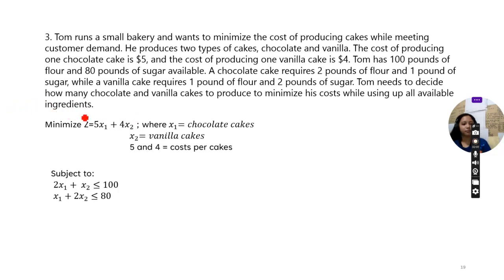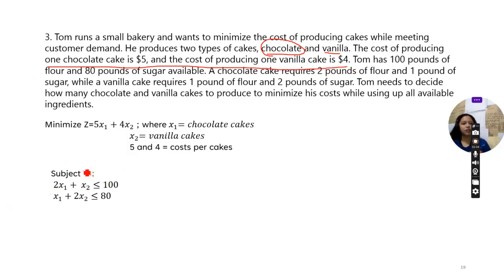So, to minimize this, let's get z is equal to 5x1 plus 4x2, where x1 are the chocolate cakes, this is our x1, and x2 is the vanilla. And the 5 and 4 are the costs of the cakes.